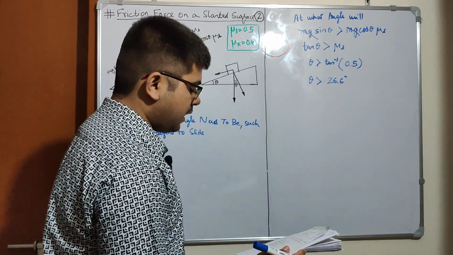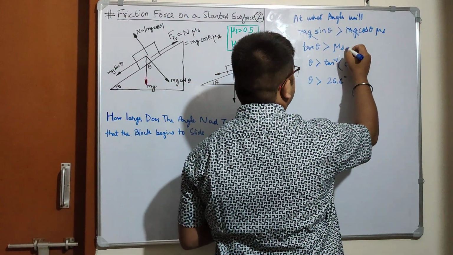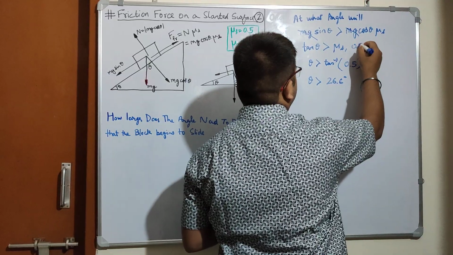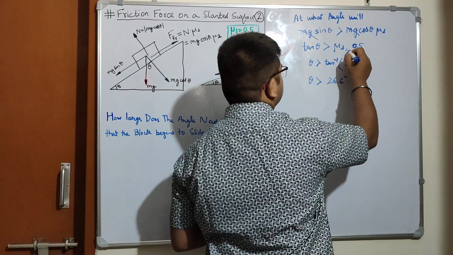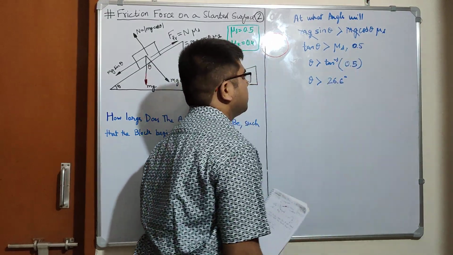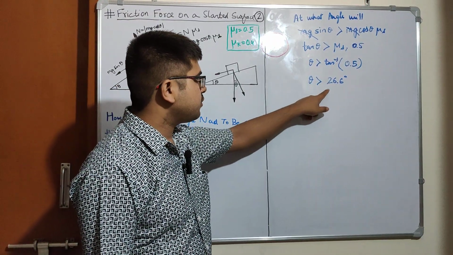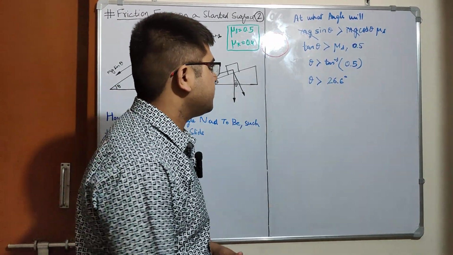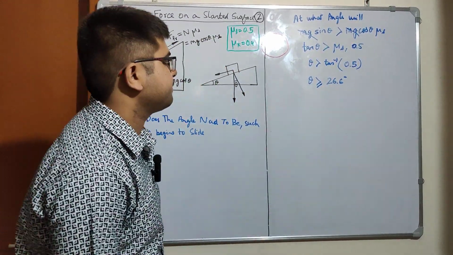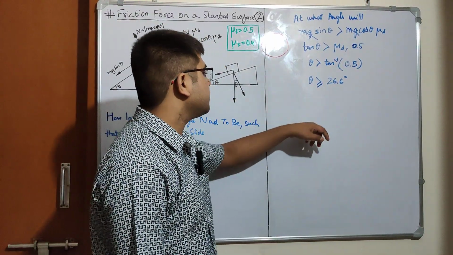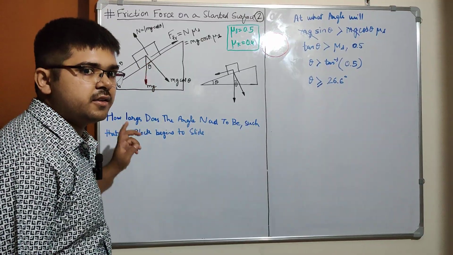So tan theta should be greater than 0.5, that's the value of mu_s. So we see that at an angle greater than or equal to 26.6 degrees, the block will slide.